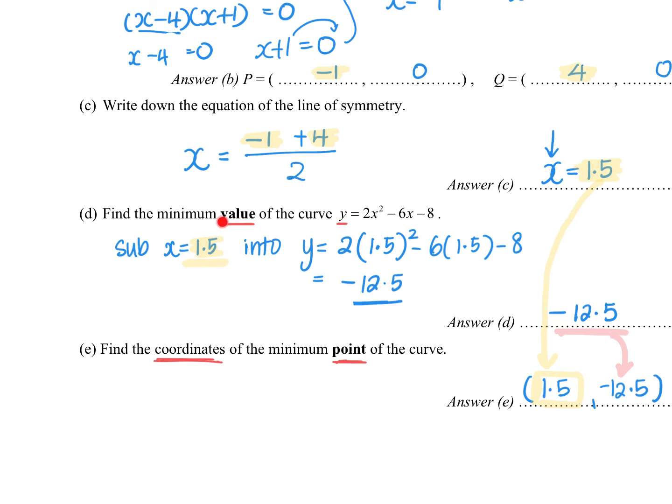We sub x equals to 1.5 into my equation and calculate the y value. That will be the minimum value for your curve, for the smiley type face, right? If it's a sad face, with negative x squared, that will be a maximum value. So this is the value, and for the y, we plug in this portion for the y coordinates.